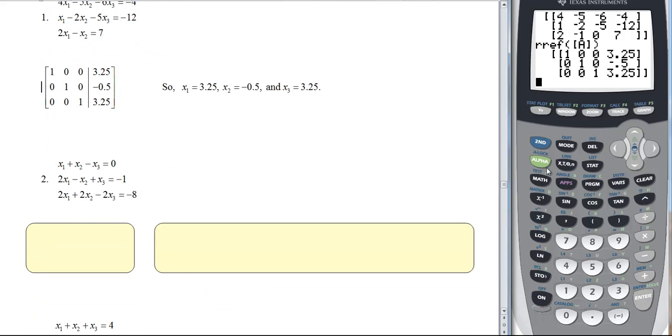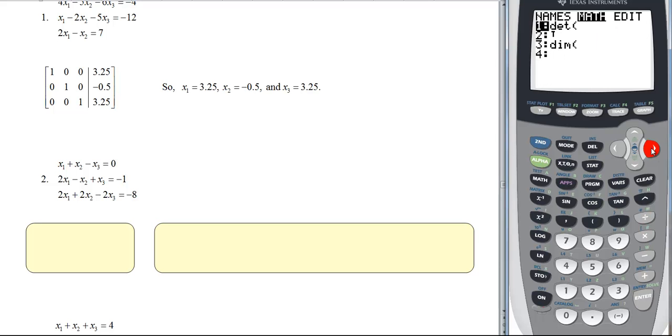Let's try this one. So let me go to second, access the matrix, over to edit. This is a 3 by 4. So I've got 1, 1, negative 1, and 0. 2, negative 1, 1, negative 1. 2, 2, negative 2, negative 8.